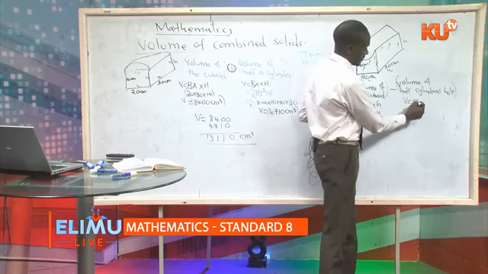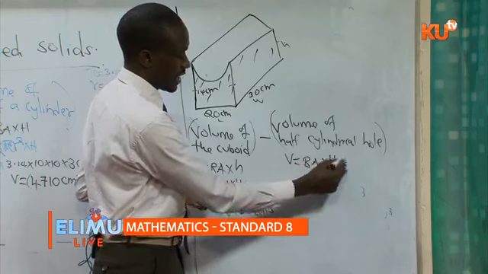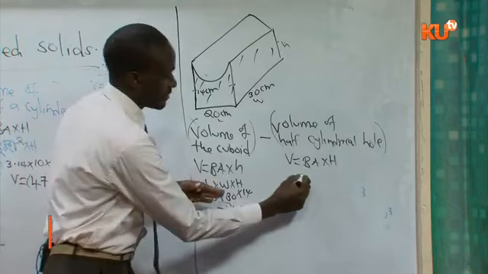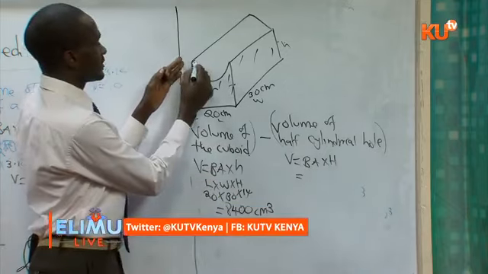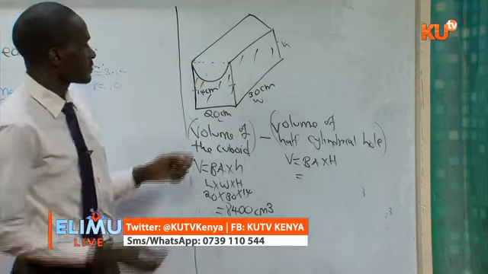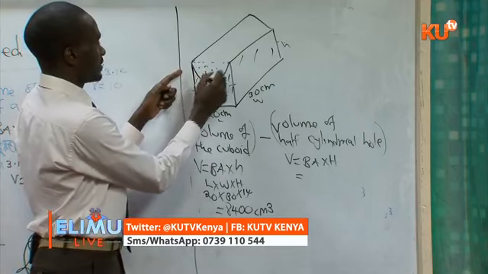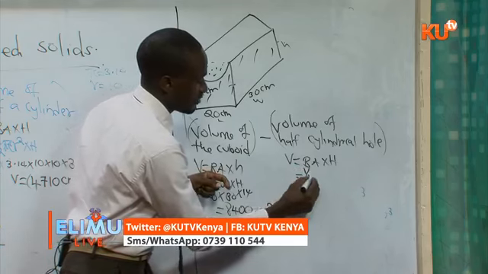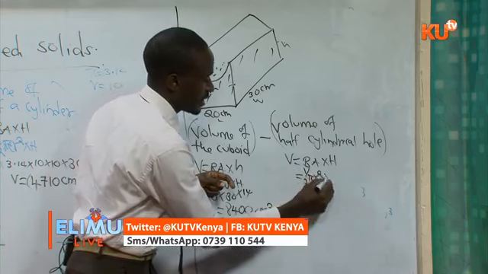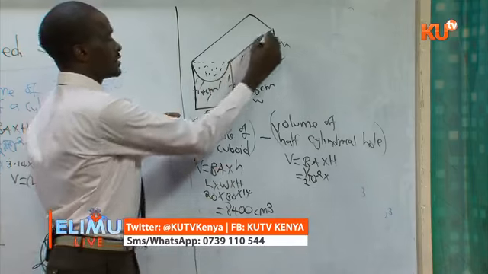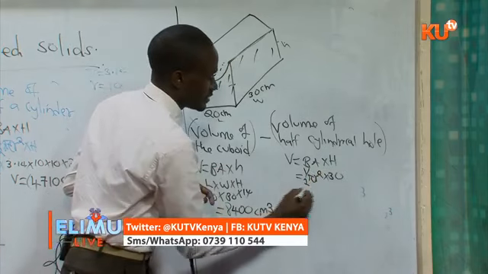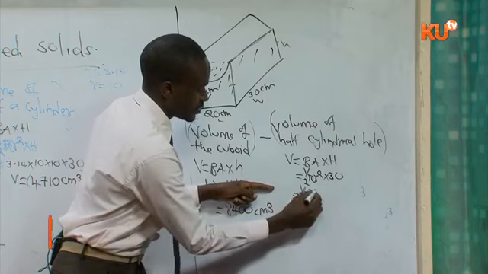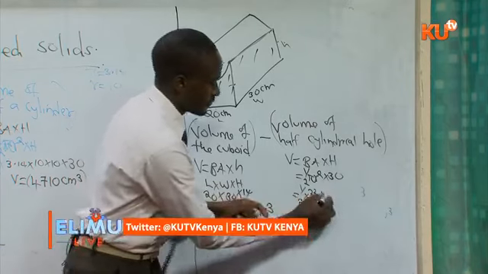Volume is base area times height. The general formula, then base area here is this one. This is the base area. It is half a circle. So area of a circle is half pi r square, then times height, which is 30. Then now we say half times 22 over 7.